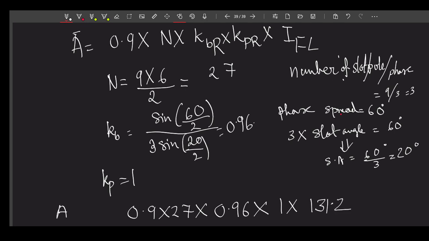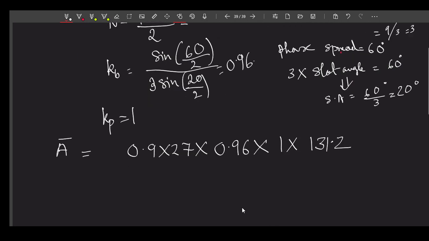So this will give us armature reaction MMF, that is 3061 ampere turn per pole, right?